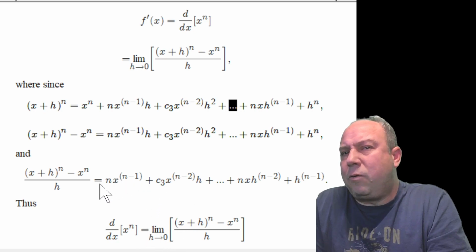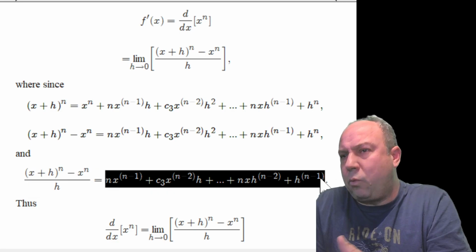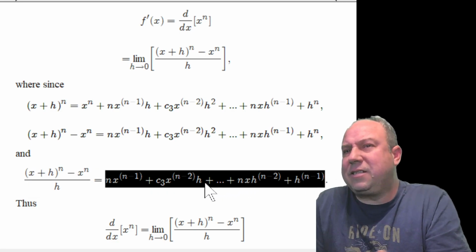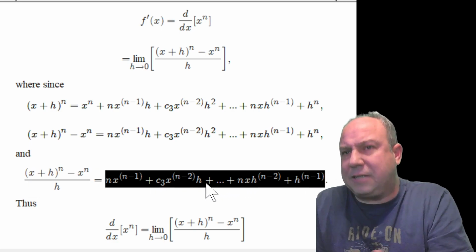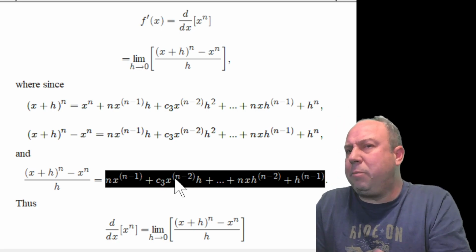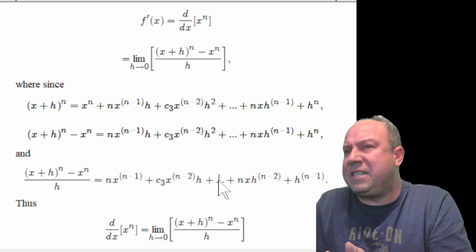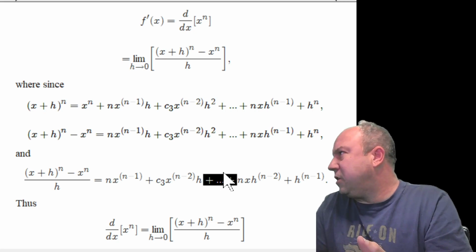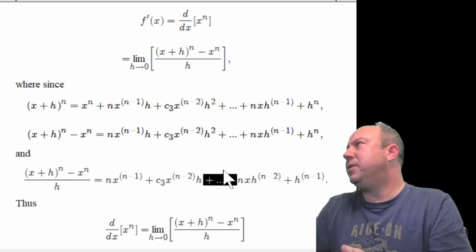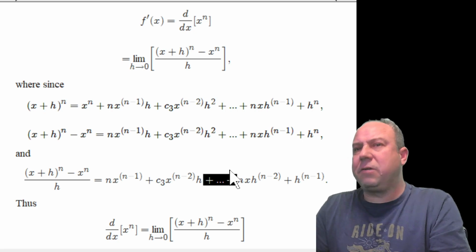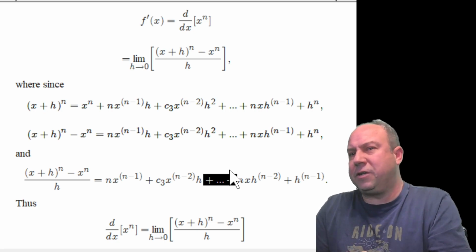When we come time to apply the limit, and through all the algebra that has canceled things away, it doesn't really matter what I have in this dot, dot, dot here. It's going to involve a factor of h. And as h heads to 0, that term is going to turn into 0.